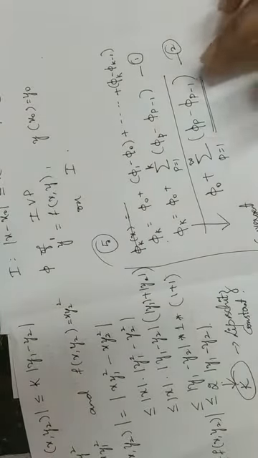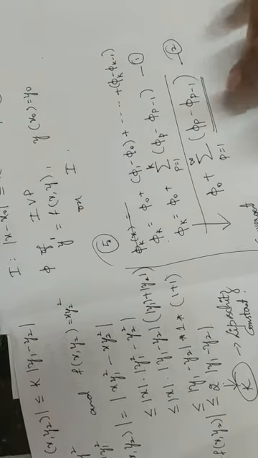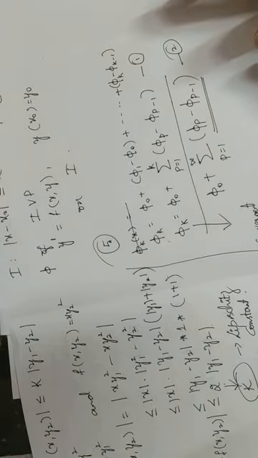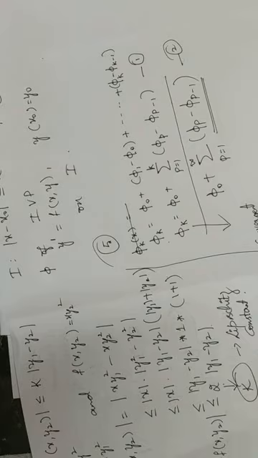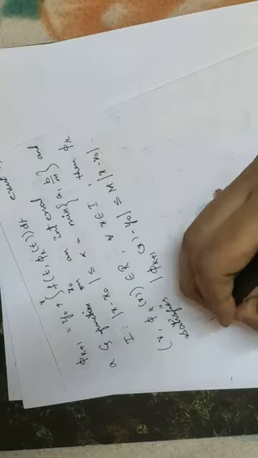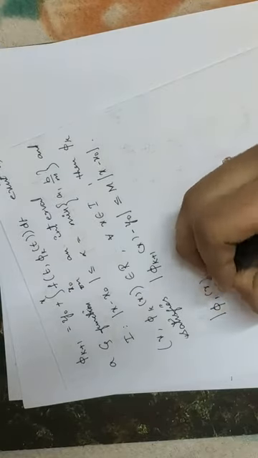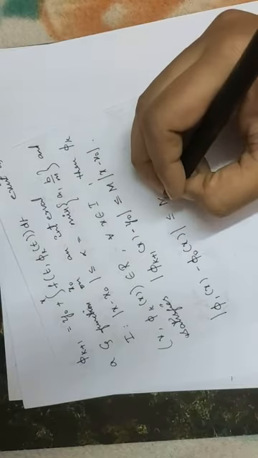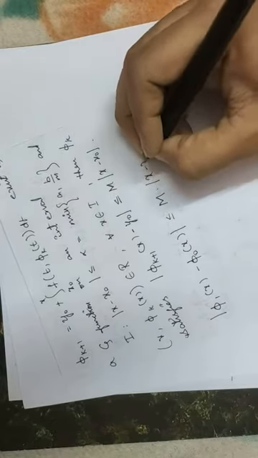To find this value, I will use the reference theorem. The reference theorem is nothing but your Lipschitz condition. You have a theorem before that, right? Using this theorem, I can further write it as mod phi 1 of x minus phi naught of x is less than or equal to M into mod x minus x naught.